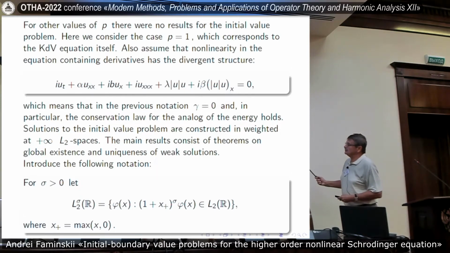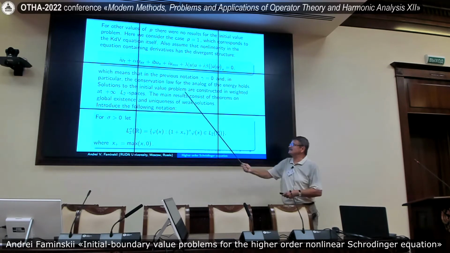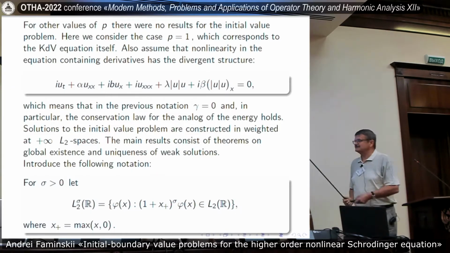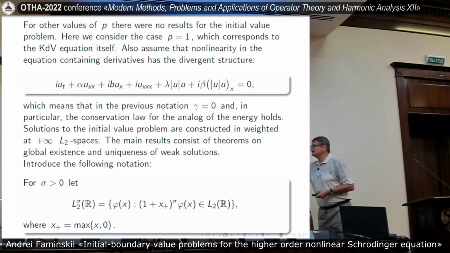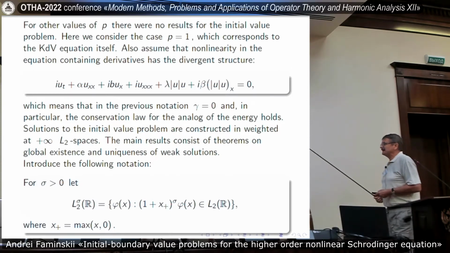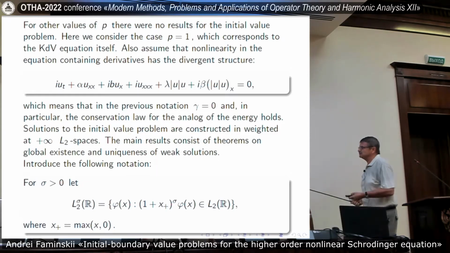It depends upon this sign. If we have not plus but minus, then it will be weights at minus infinity. So let's introduce the following notation. It's not canonical, but for me it is convenient. So we have L2 sigma. What is it? We have this property, so we have an additional weight at plus infinity.